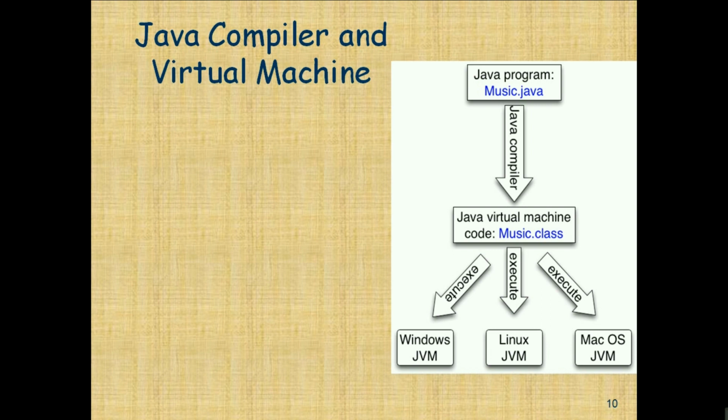What do you mean by Java compiler and virtual machine? Okay, so this is one of the best examples to describe Java compiler and virtualization. You have written a Java class. The source code of your Java class is present inside this Music.java. With the help of Java compiler, this is converted to Music.class, which contains Java virtual machine code, right?